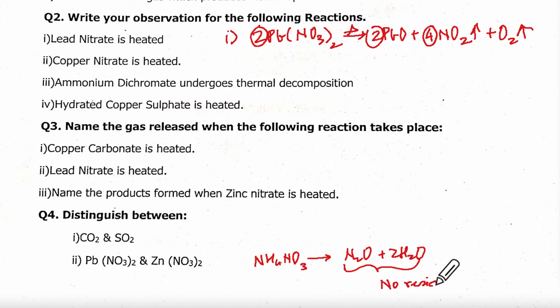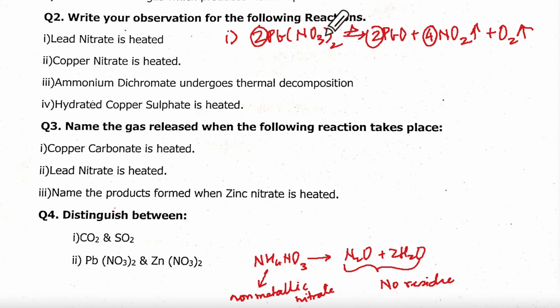This is again an important reaction, no residue, and this is the non-metallic nitrate. So in place of asking ammonium nitrate, they will say non-metallic nitrate, leaving no residue on heating. Did you see that? They will say identify.